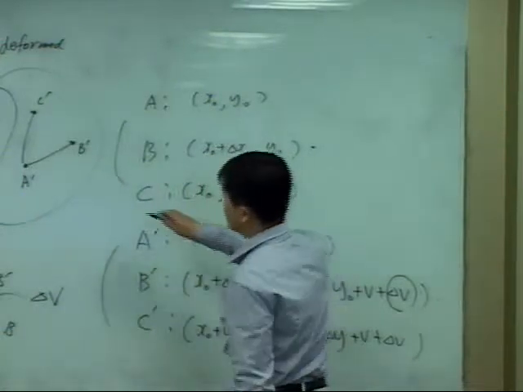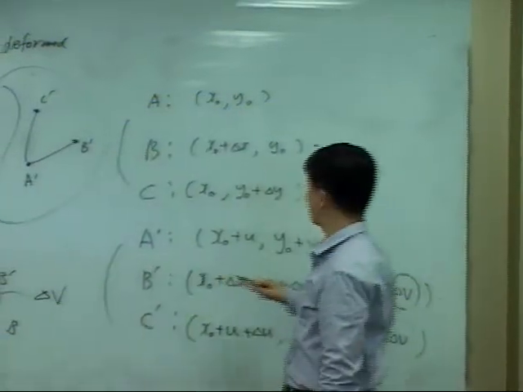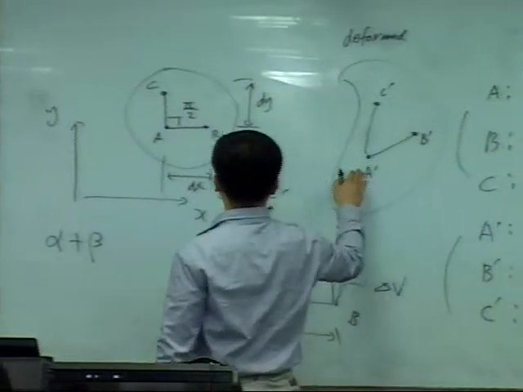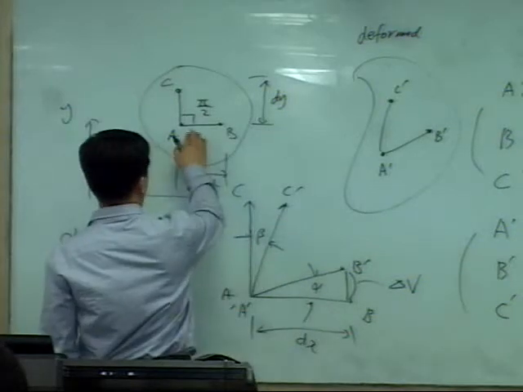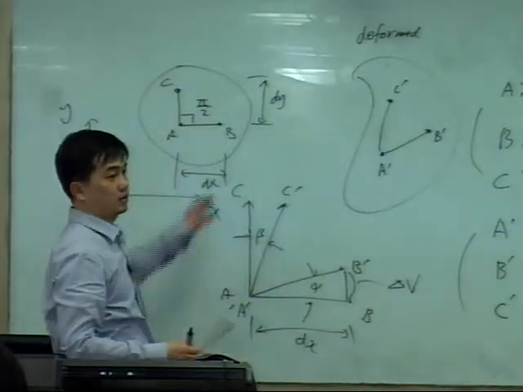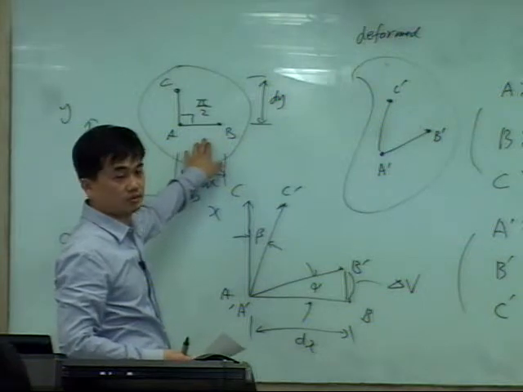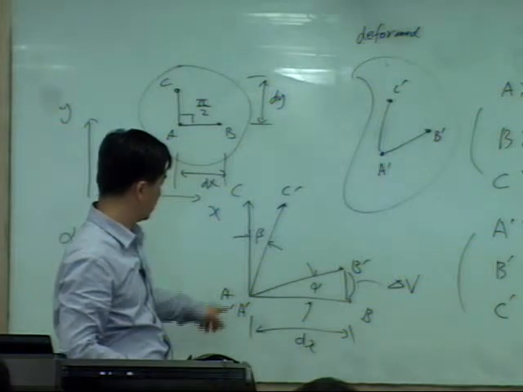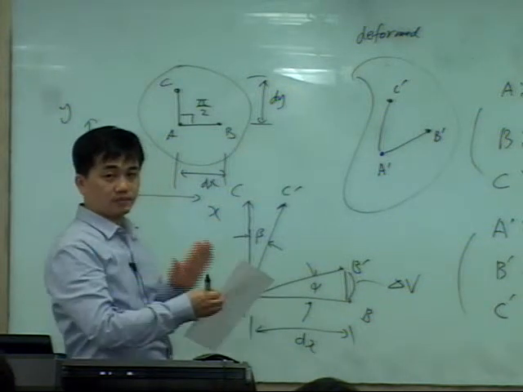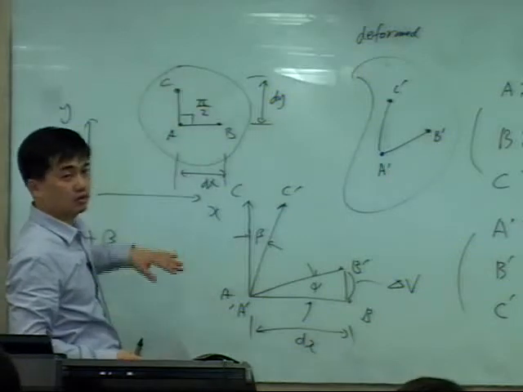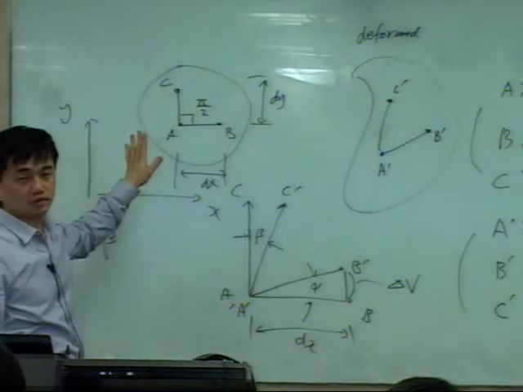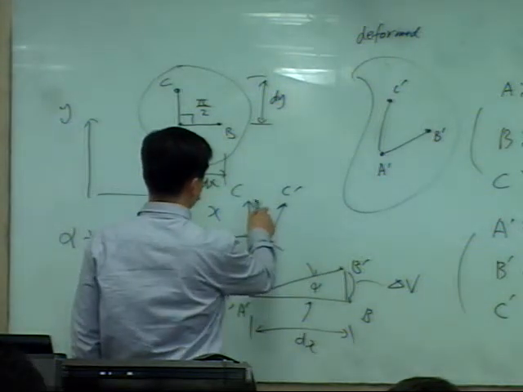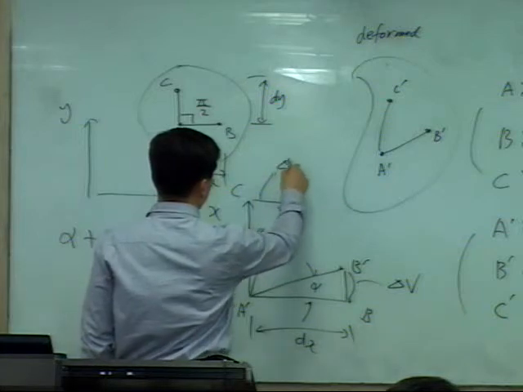Because we moved this one in x direction and y direction. In x direction, we translate. Otherwise we can move this one to here. The amount of the movement will be u, together to overlap like that. In y direction, the amount of movement should be v. And similarly, this will be delta u, right?